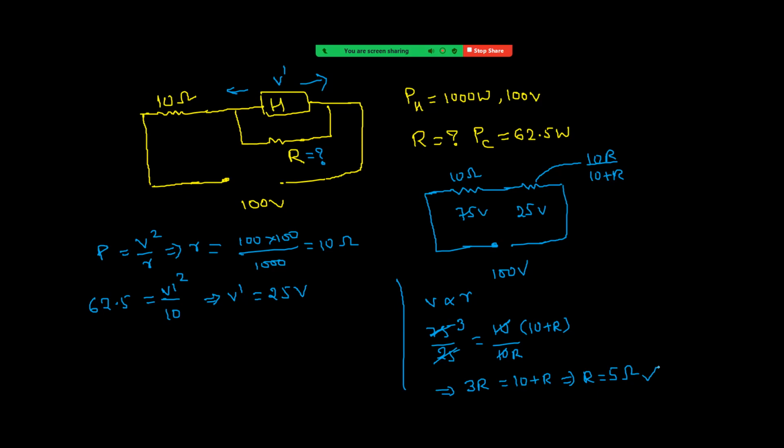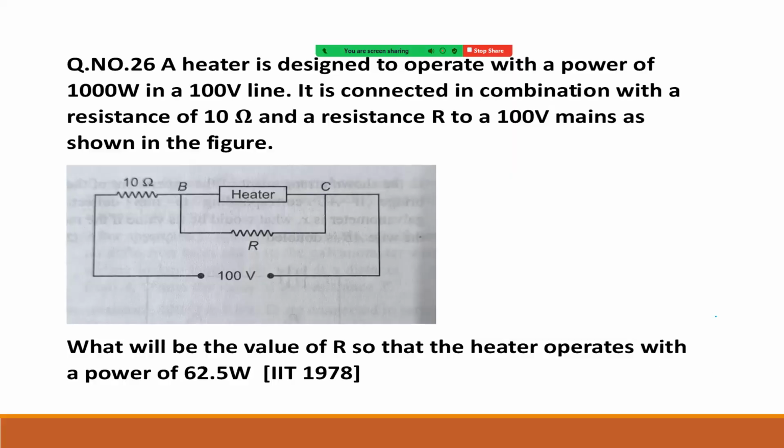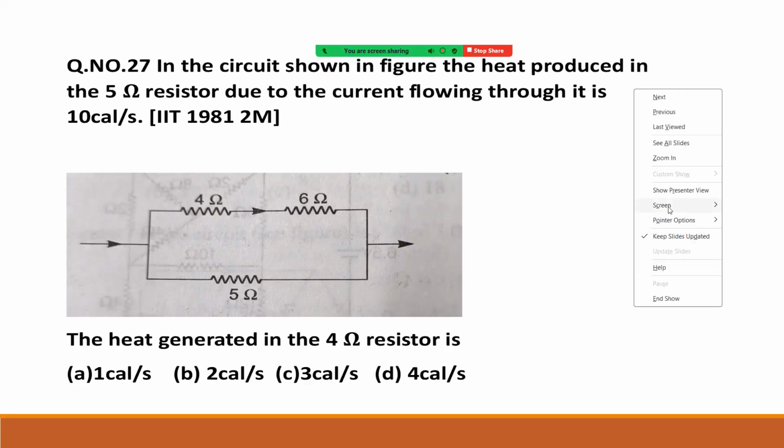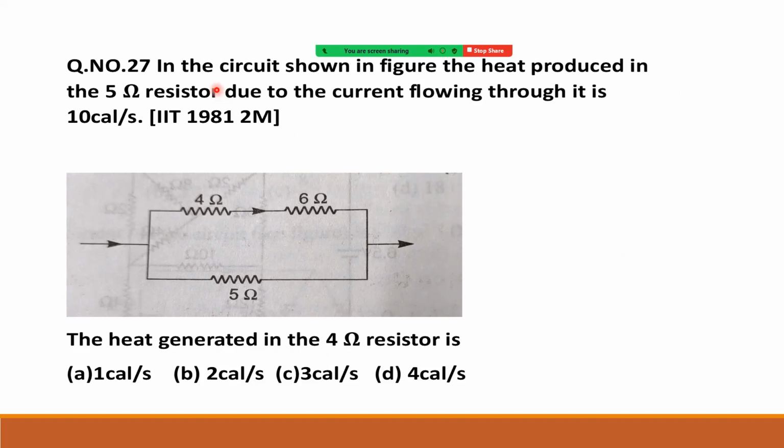Let us see the next one. Let's see the question given. In the circuit shown in figure, the heat produced in the 5 ohm resistor due to the current flowing through it is 10 calorie per second, right?